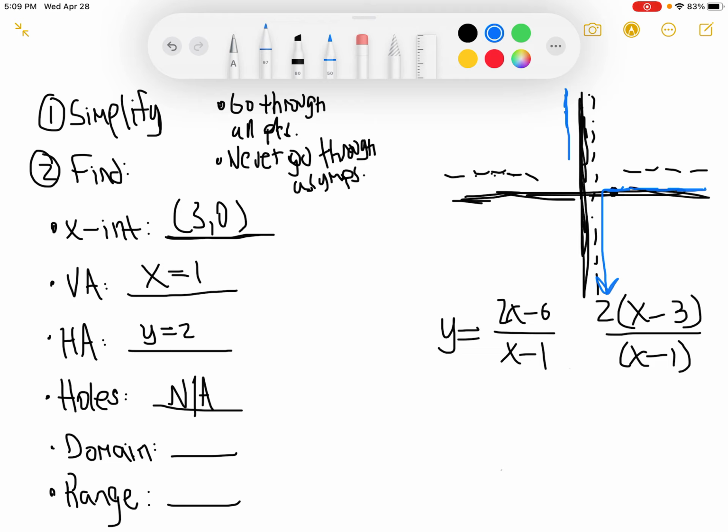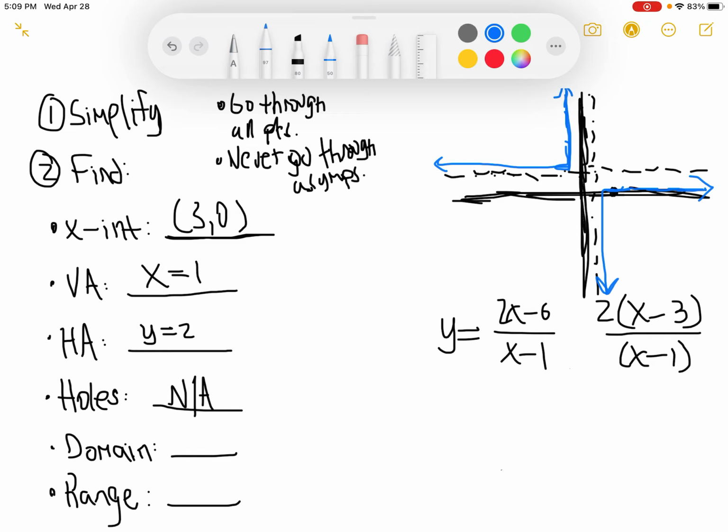Now it keeps going down, and in this case we can draw the thing across the asymptote, and we see that there's another one. I'll just curve this way. So that is what the graph would look like. It's not exact, but that's basically what it would look like.